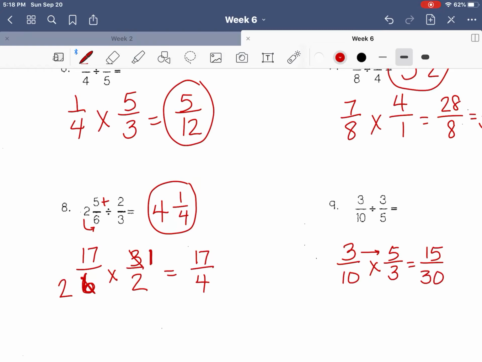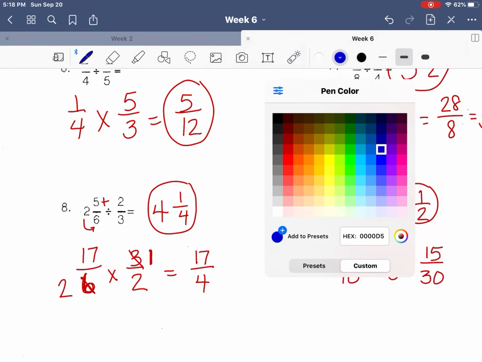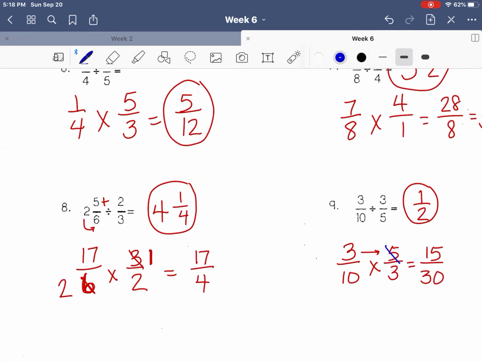And 15 over 30 simplifies all the way down to 1/2. Personally, I would have simplified this before because 5 and 10 have a common factor of 5. 3 and 3 have a common factor of 3, and I would have gotten 1/2. That would have been easier to simplify.